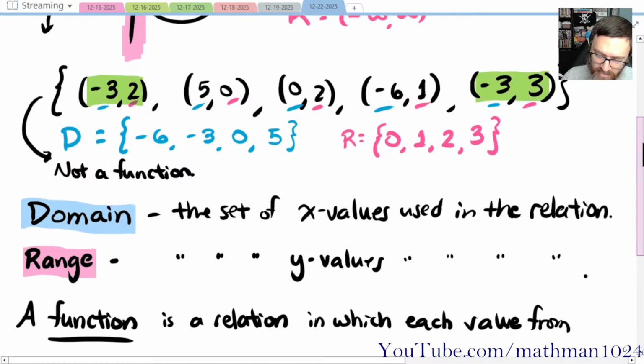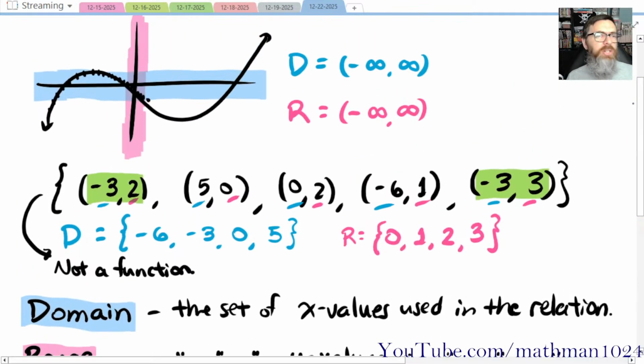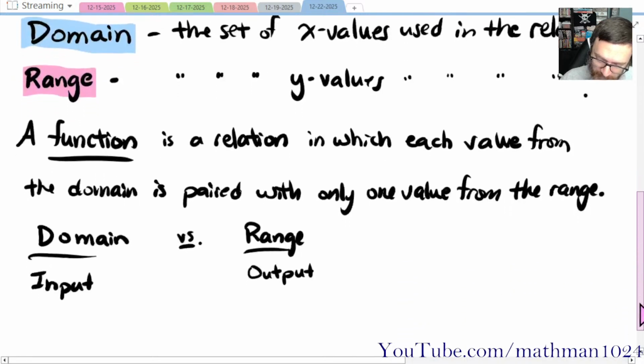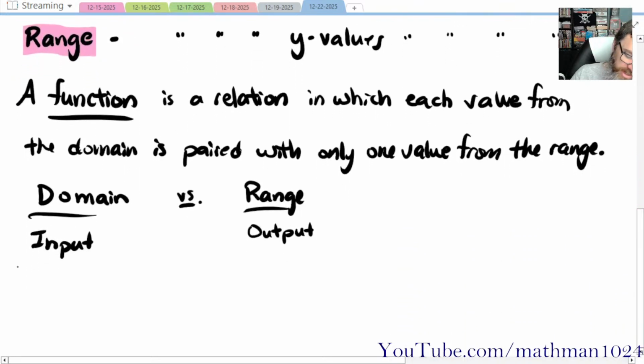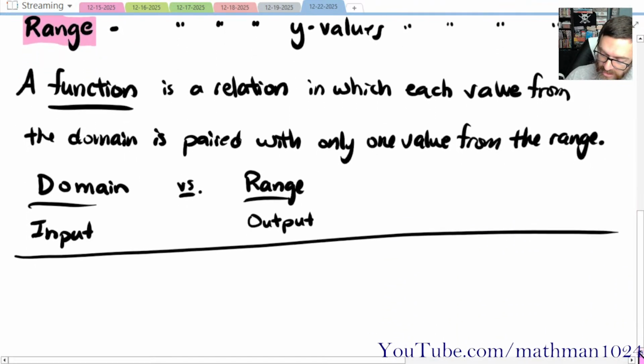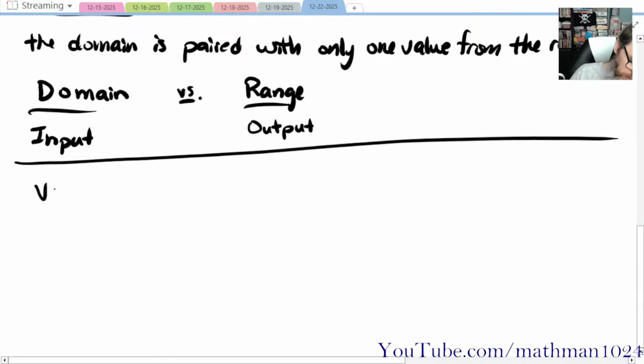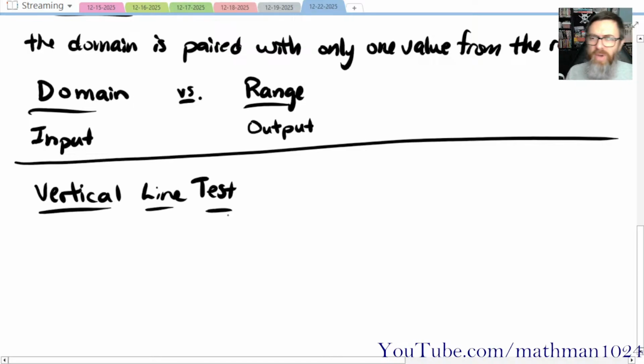Now, what about the graph that I did up above? How can I determine from a graph whether or not this is a function? Things get kind of difficult, unless you know one little trick. And that is something called the vertical line test. So this is used for when you have a graph and you're trying to determine, is this a function or not?